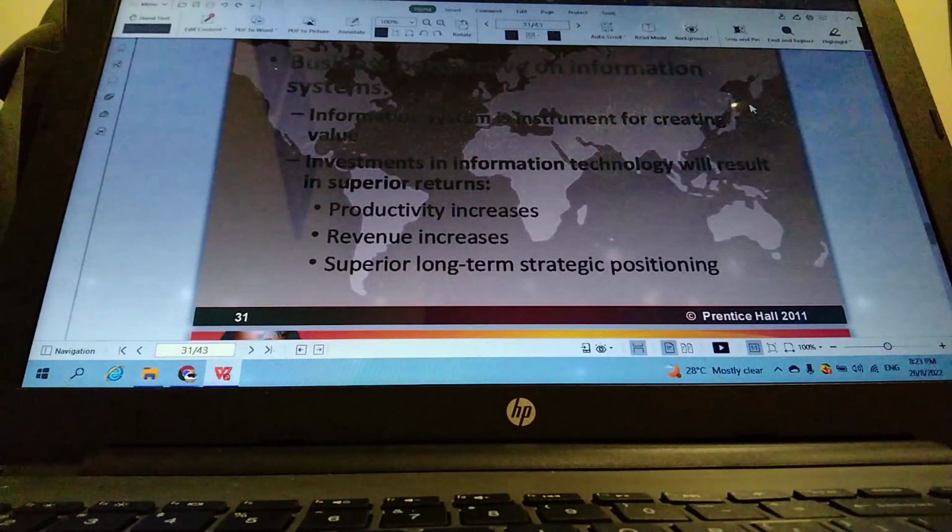With the investment in IT, not necessarily it works all the time, but generally, or in many cases, the bigger the investment in IT, with the proper decision, right decision, with the support from the top management, with the properly trained people, committed people, it helps in productivity increases, revenue increases, and definitely it will be the long-term strategy for the company.